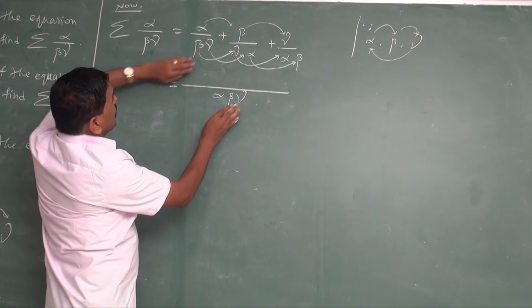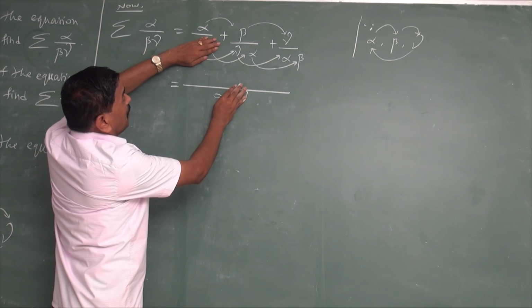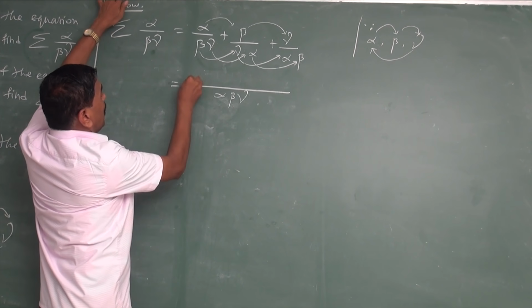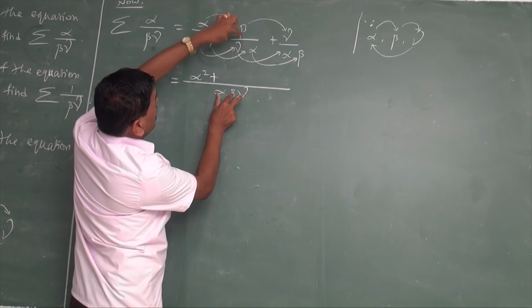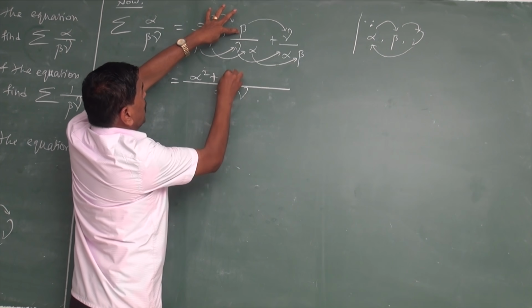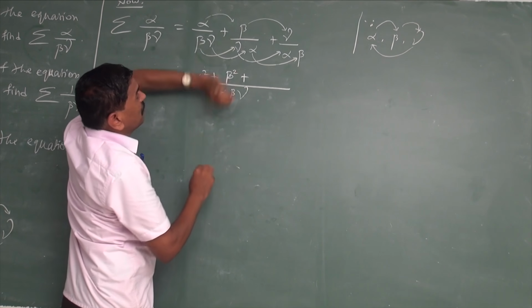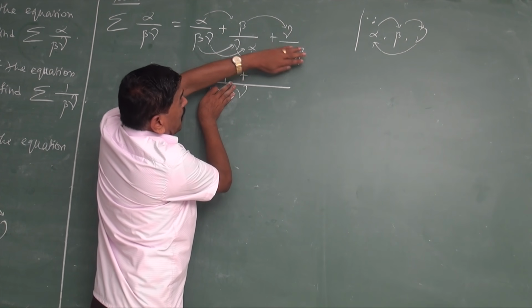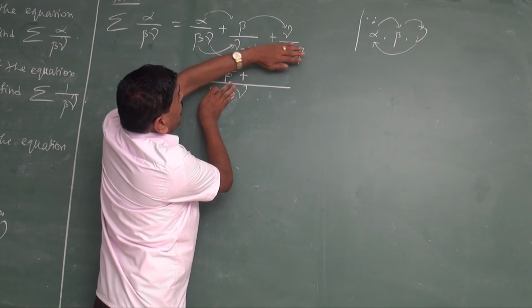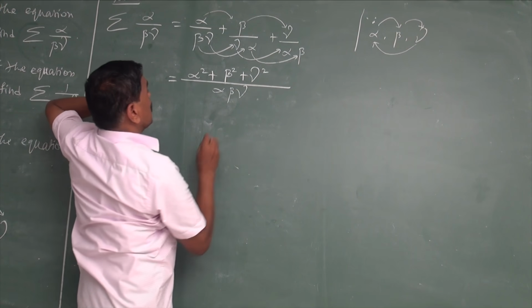Here, listen, beta gamma cancels and the remaining alpha is multiplied with the numerator, so we get alpha square, plus gamma alpha cancels, remaining beta multiplied with the numerator, so beta square, plus alpha beta in the denominator cancels, remaining gamma multiplied with the numerator, so gamma square. That's all.